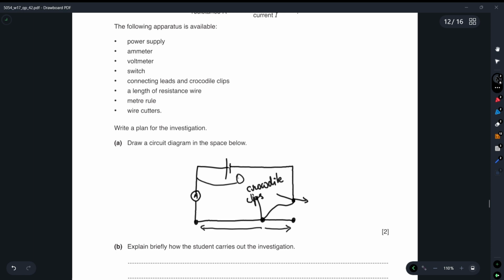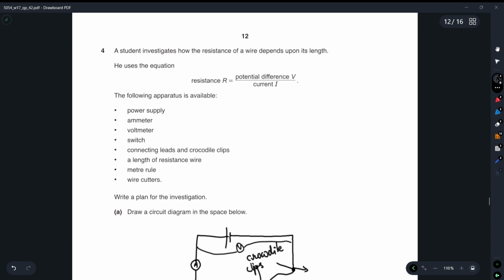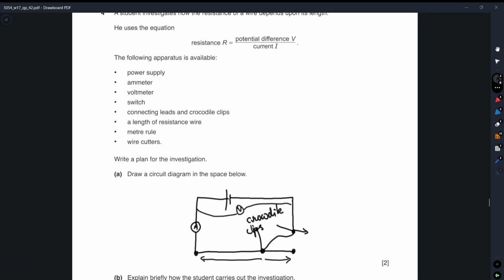Between these two, what did you put? You put a voltmeter like this. Or on the other side, doesn't really matter. So we've got the switch. So yes, you need to use the switch as well. You have ammeter, voltmeter, switch, connecting leads, length of resistance wire, meter rule, wire cutters.